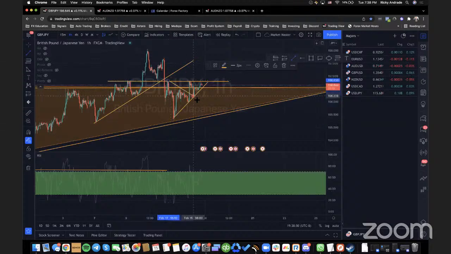All right, so this one's a little concerning, just because we do have this inverted head and shoulders here. Usually for inverted head and shoulders, the distance from here to here is a distance that should rise. And this looks like it was a breakout, retest, and then it should continue to go up.